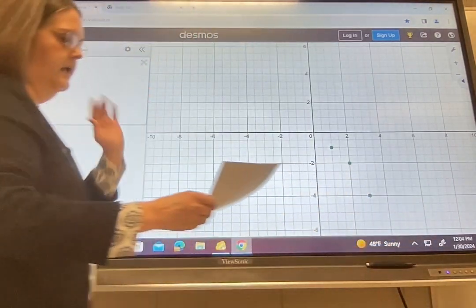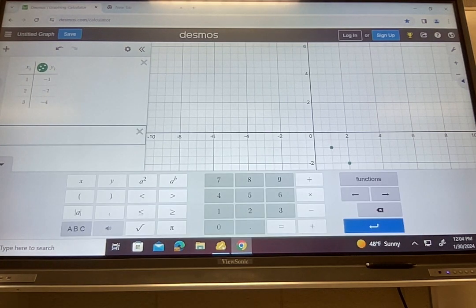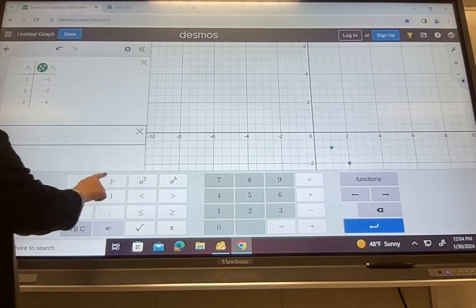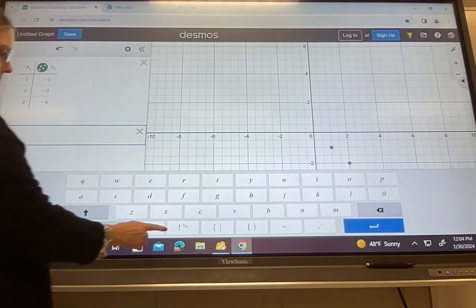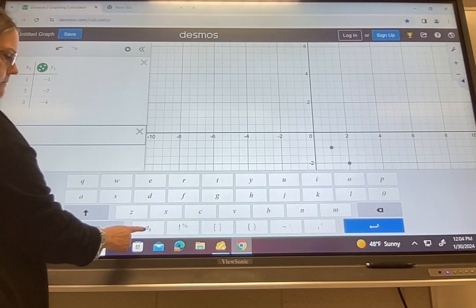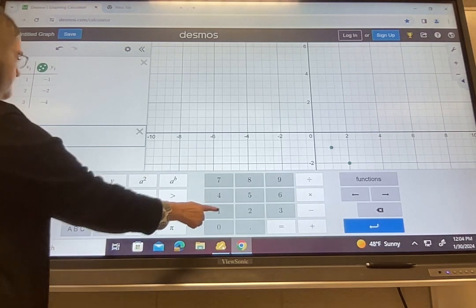And now I'm going to try and find the graph that goes with that. So I hit 2. I come over. And I'm going to do y. Then you see this little A, B, C button. I'm going to hit it. And I'm going to hit this A sub B. So I'm going to do that. Then I'm going to say y1.